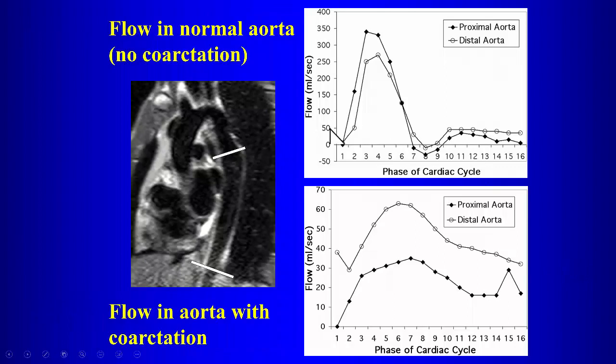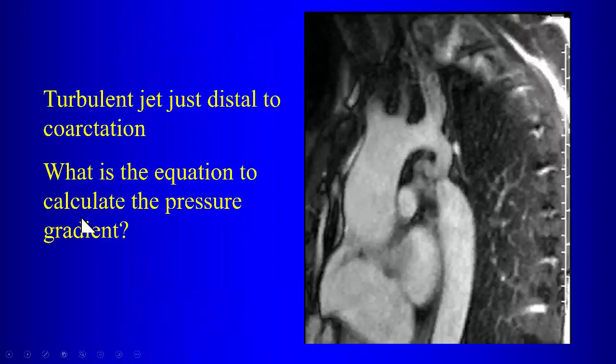So under normal conditions, the flow in the proximal aorta is greater than the flow in the distal aorta, but if you have a hemodynamically significant coarc, the flow in the proximal aorta here is actually less than the flow in the distal aorta, because of the reverse flow in the intercostals, is increased. Right? So that is one way of doing this. Right?